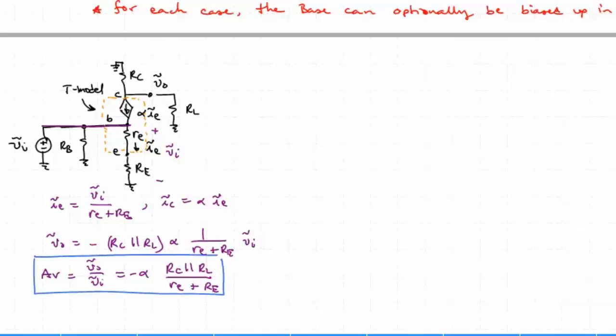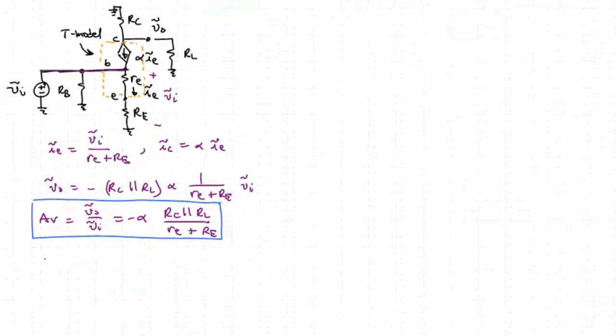This looks very familiar. It's in fact what we found for the MOSFET common emitter amplifier. Of course, we had a drain resistance, not a collector resistance. And our RE, little re in the case of the MOSFET amplifier, was 1 over GM, if you recall. So here it's a little different. Although let's remind ourselves what little re is.